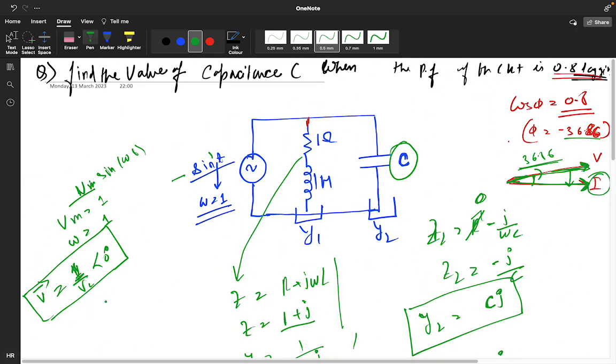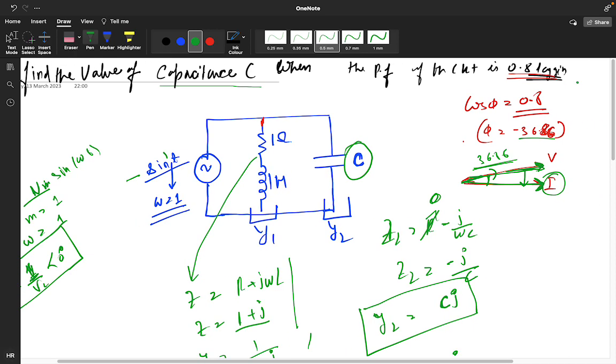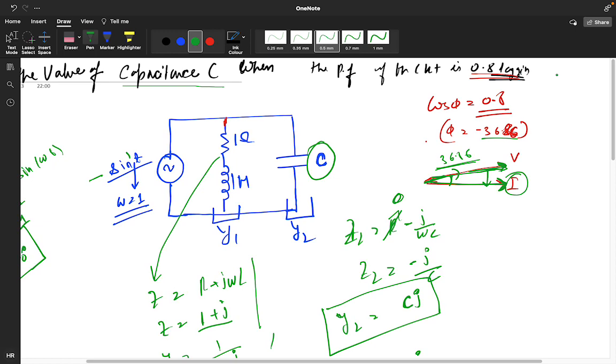Okay, see how I solve this question. I will tell you again. Here it is written, find the value of capacitance when the power factor of the circuit is 0.8 lagging. Lagging means cos phi is 0.8, and you get the value of the angle. Lagging means minus 36.86. Lagging means your current is lagging by some angle, so current is behind by 36.86.